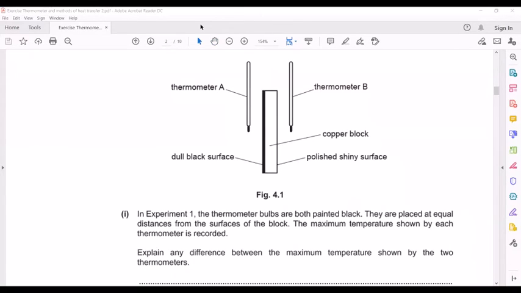A dull and dark surface is a good absorber and a good emitter, so it will emit more radiation as compared to a shiny surface. The dull and dark surface will show a higher temperature reading or rise because it is a good absorber and good emitter. So thermometer A will show a greater rise in temperature.